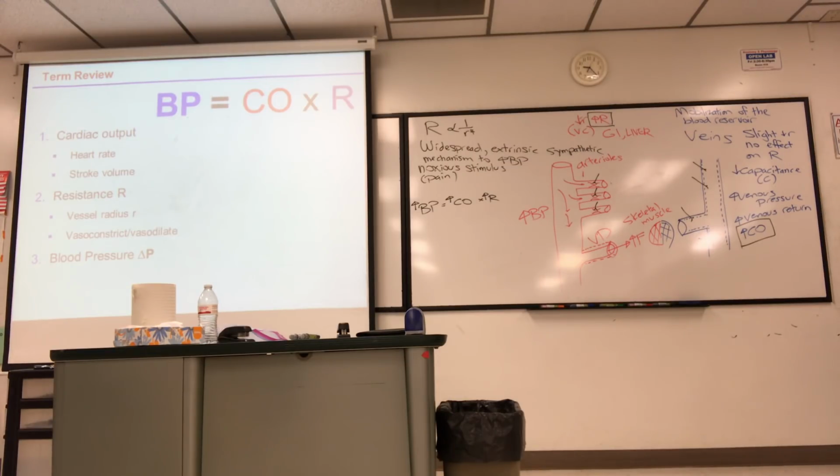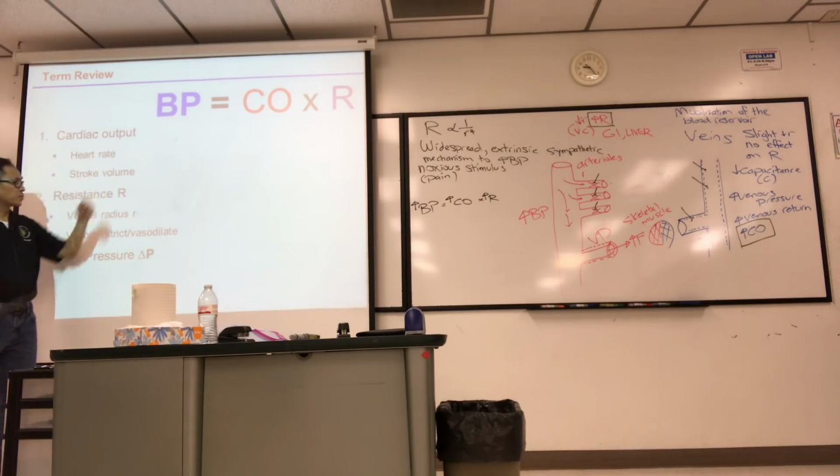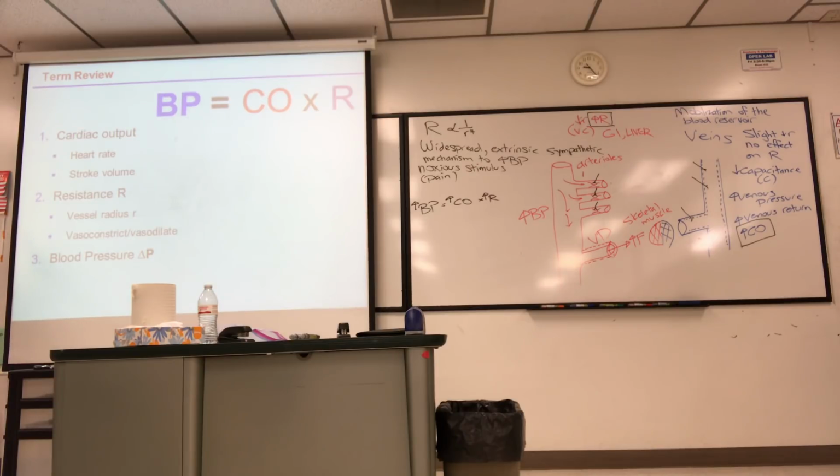So in terms of breaking it down in an outline form, this equation here, okay, as a student, physiology is how does the body work? Here's how it works. You can control cardiac output by understanding how heart rate and stroke volume are changed. If those increase, cardiac output increases, blood pressure increases. You need to understand how you control the outflow, the peripheral resistance, by controlling the vessel radius by either constricting or dilating.